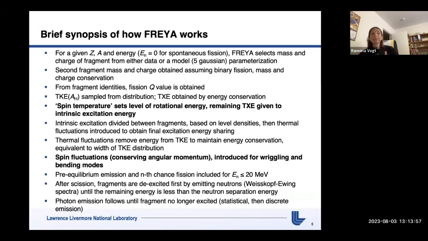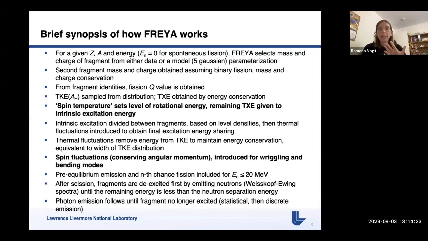Okay, so I'm going to give you a very quick run through on how Freya works, to step through what happens in a fission event. So for a given nucleus that's going to fission, that has a certain charge Z and mass A, so it also has a neutron number that's A minus Z, and it has a certain energy.